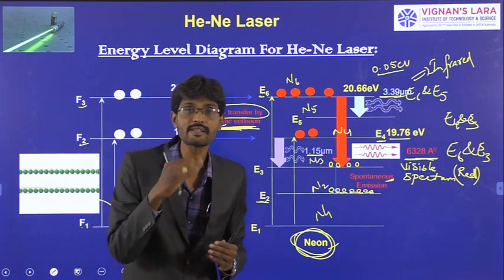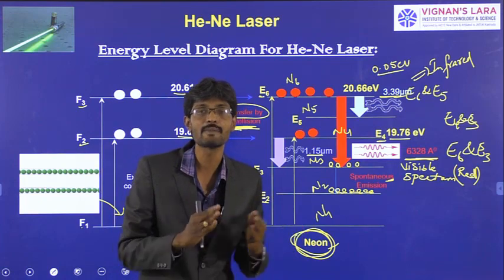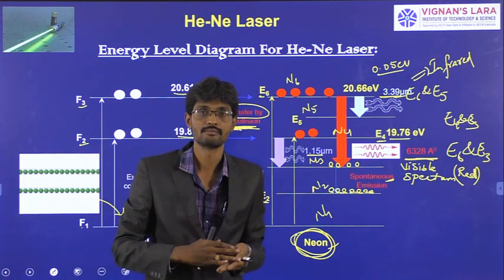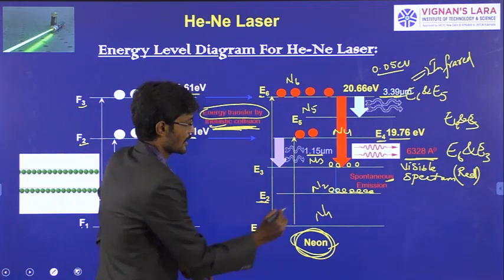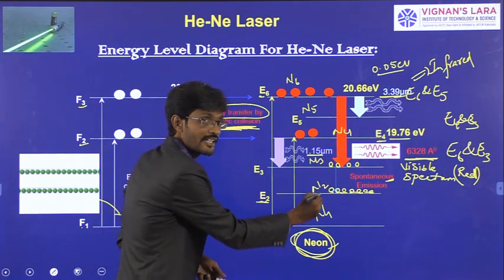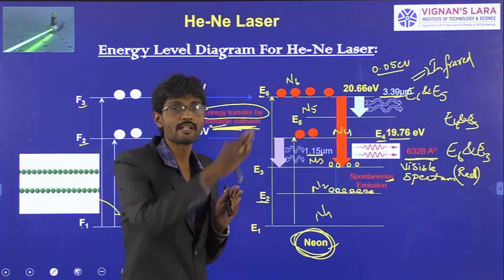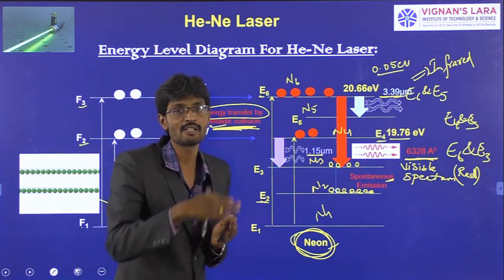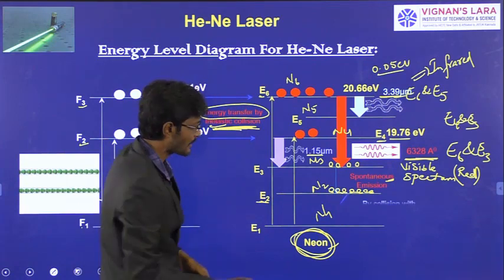So in order to avoid this drawback, while constructing the helium neon laser, the discharge tube is made narrow. As the discharge tube is made narrow, the neon ions which are in E2 collide with the walls of the discharge tube. Since they are colliding with the walls of the discharge tube, these neon ions will lose energy and they come back to E1.